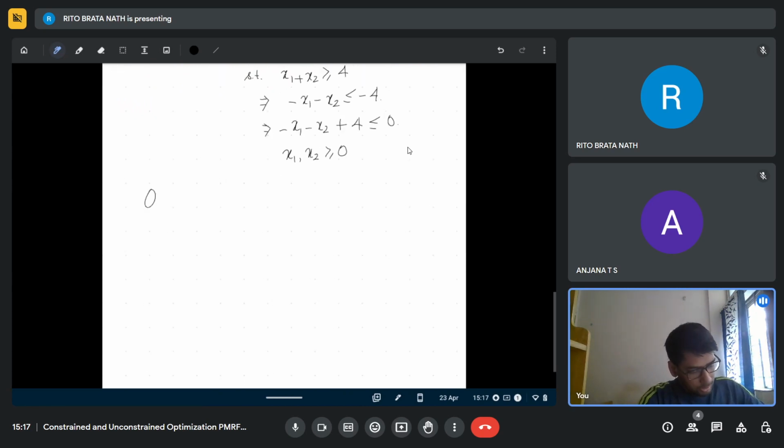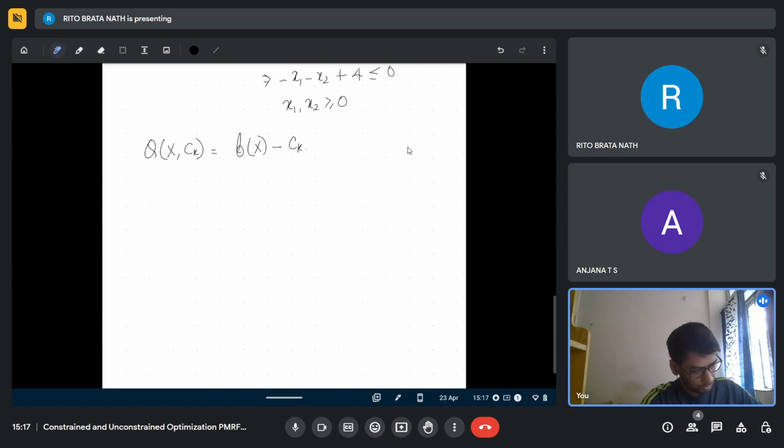So you can construct your q function first, and this is nothing but f of x minus ck times b of x, where you can use 1 by g(x) here.